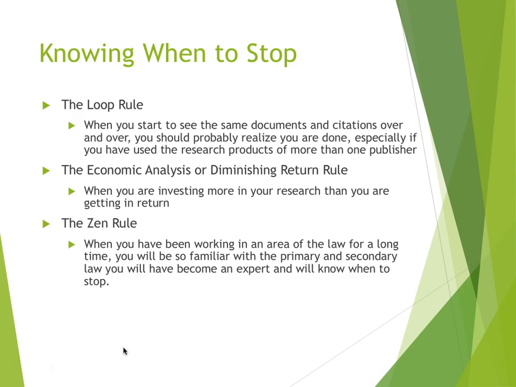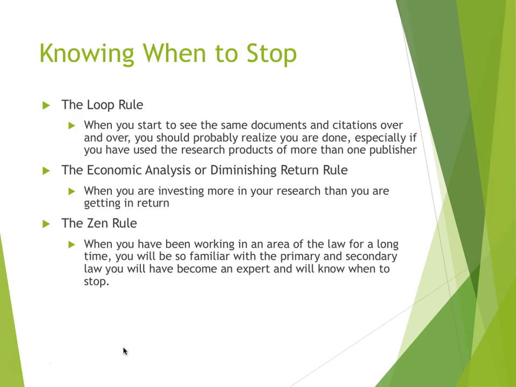Here are 3 things you should consider. The loop rule. When you start to see the same documents and citations over and over, you should probably realize you are done, especially if you have used the research products of more than one publisher.